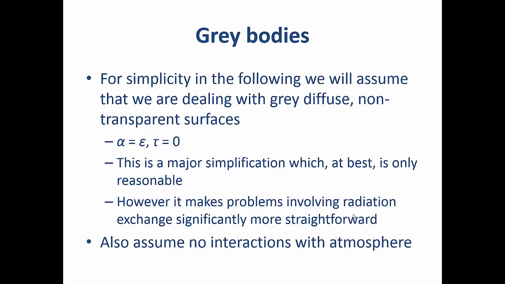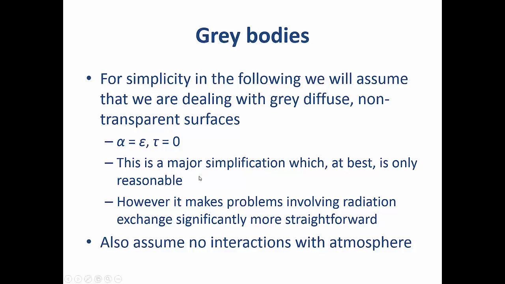So overall I'm going to assume that I'm dealing with a grey body, so that the emissivity is a constant. Also in a grey body we assume that the absorptivity is equal to the emissivity. I'm going to be assuming that we're dealing with diffuse radiation throughout. Again, that's not in general true. And the other thing I'm going to assume is that this body is non-transparent, so the transmittivity is equal to 0.